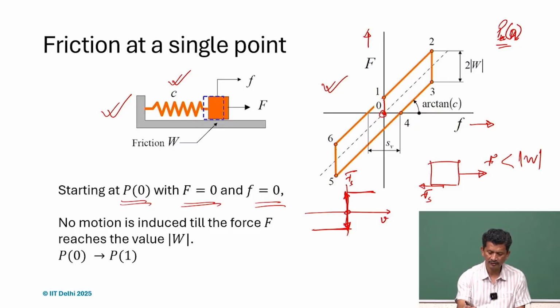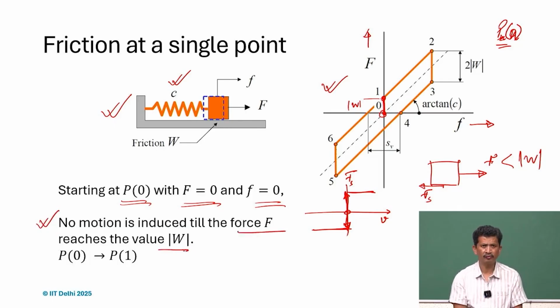Force will increase till this point, and this is W. So till it reaches, there is no motion. No motion is induced till the force F reaches the value W, and this case is P0 to P1.